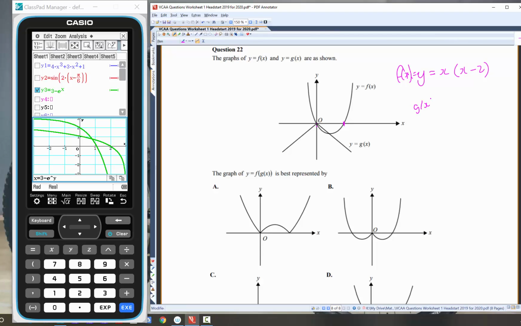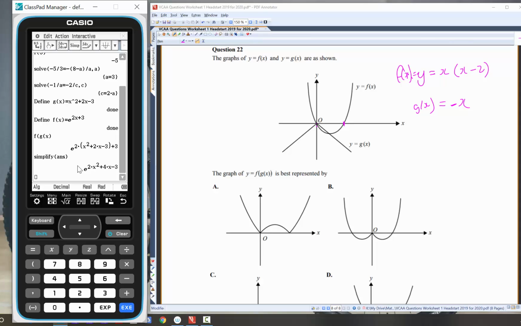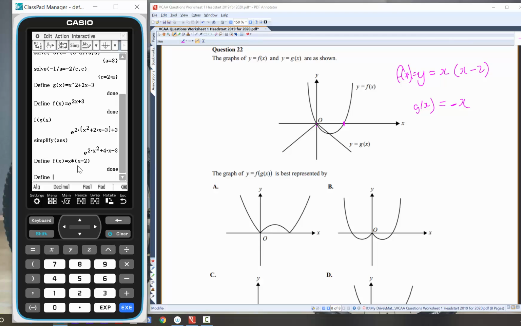Then g of x, well, this part of it here is a linear function, and it's got a negative gradient. So now I'm going to define them both. In main, define f of x equals x times x take 2. Define g of x equals negative x.